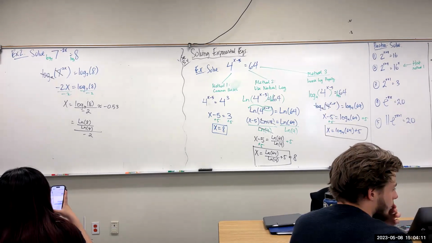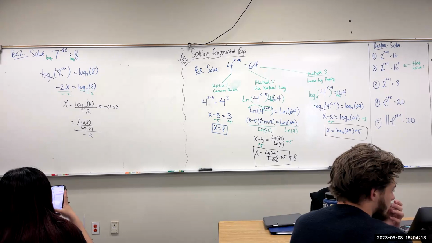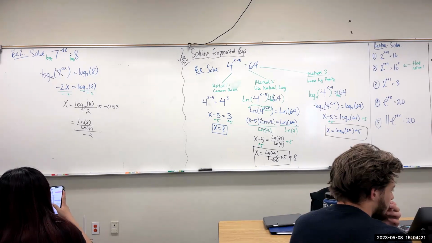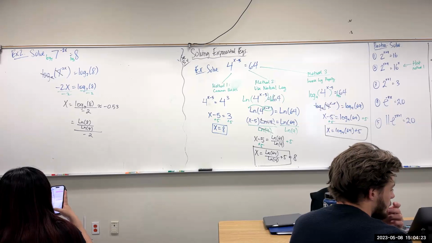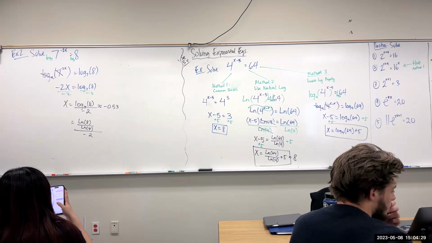Because x is open. And then you take the log? No, because the bases are equal, they represent the same thing. So you can just compare the exponents. Yeah, the bases are equal, so you can just worry about the exponents. So you did make it one.